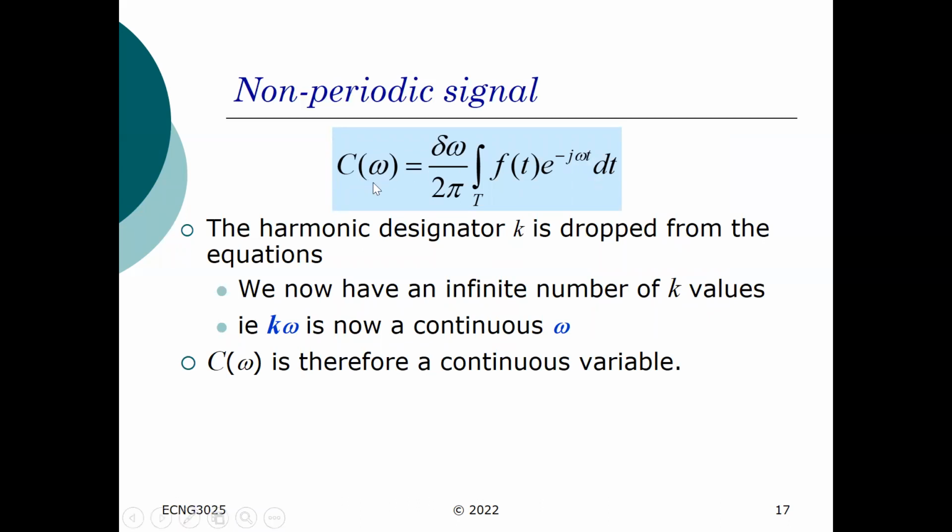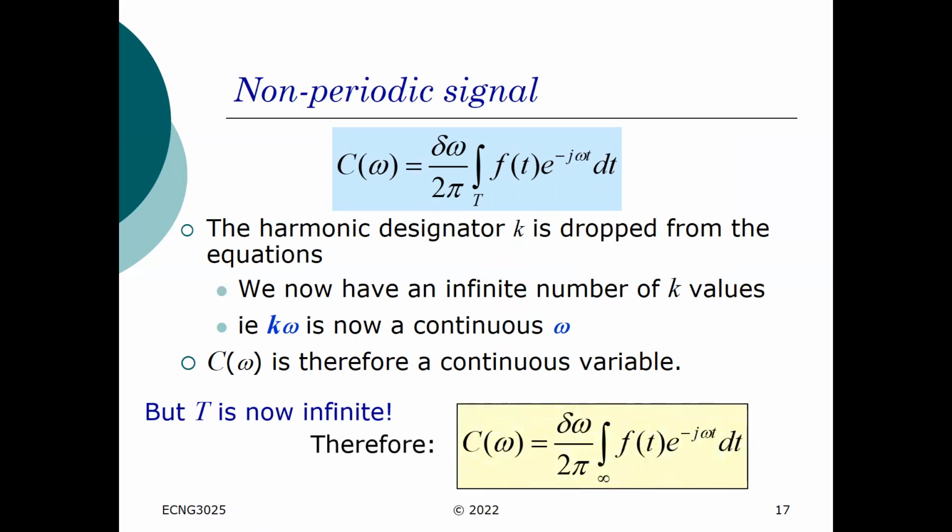And so the spectrum now has become a continuous variable. T is infinite, so that we could move the limit of integration from over the period, which is what you would do for the Fourier series, to over all time.